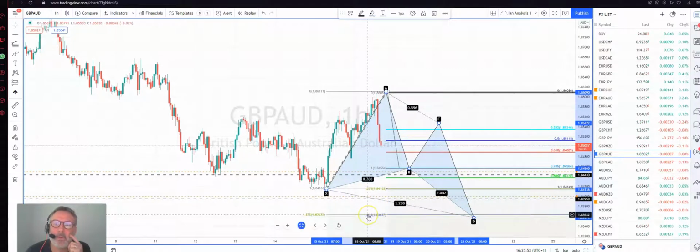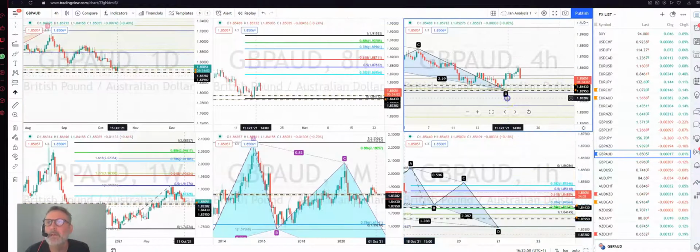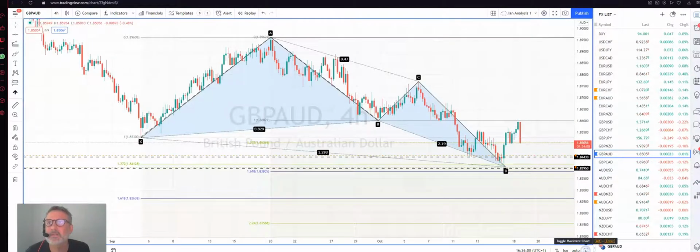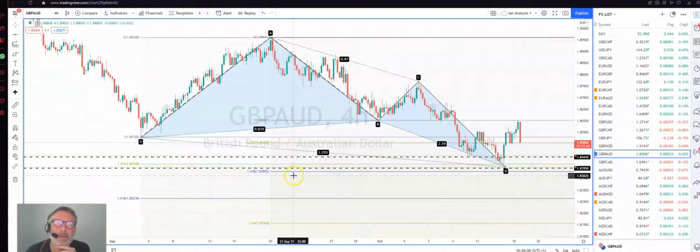And note this as well, 183.62. If I go back to this chart, which is the higher time frame chart, 183.80, and that's 183.62 there. So it's pretty close to this 161.8% extension. And a lot of the time when we trade cipher patterns, it will make it to the second fib.